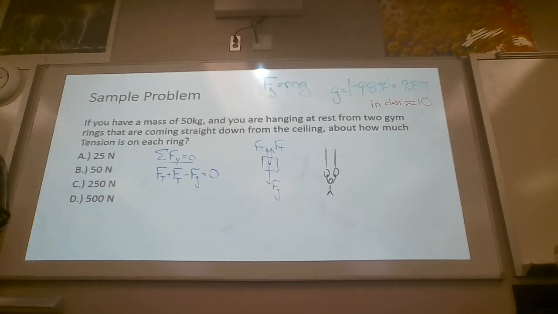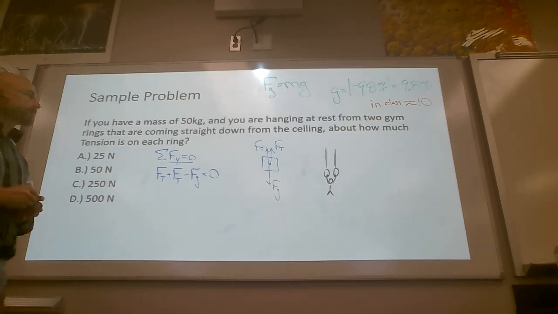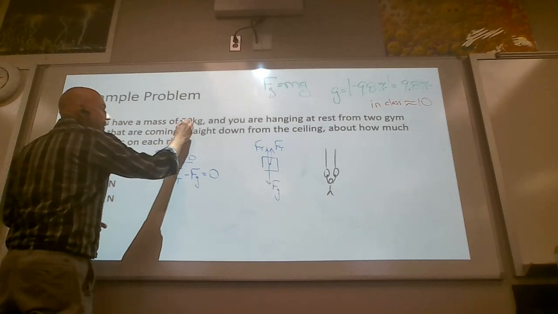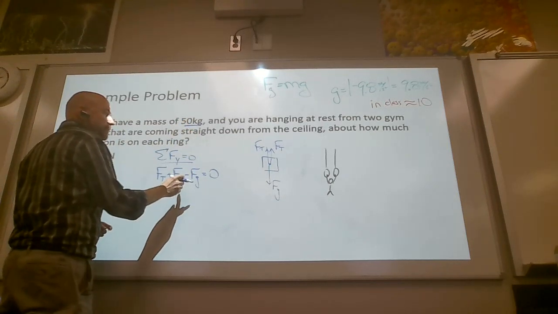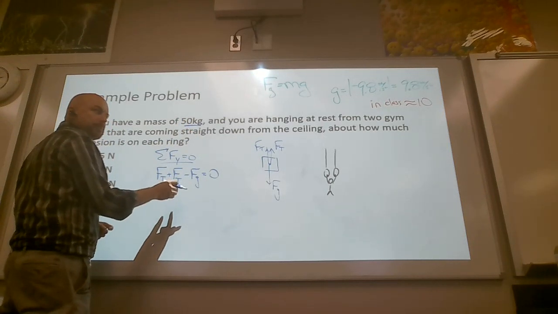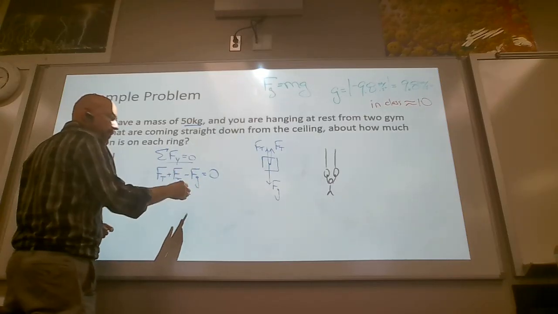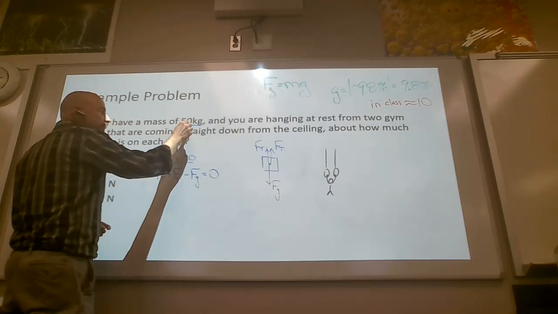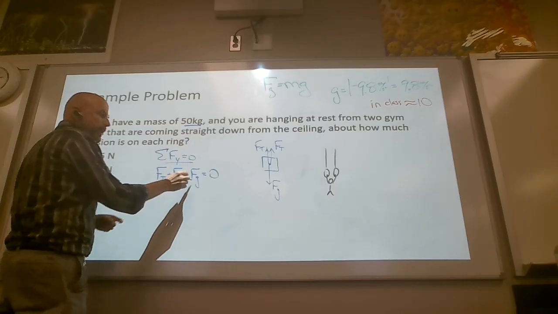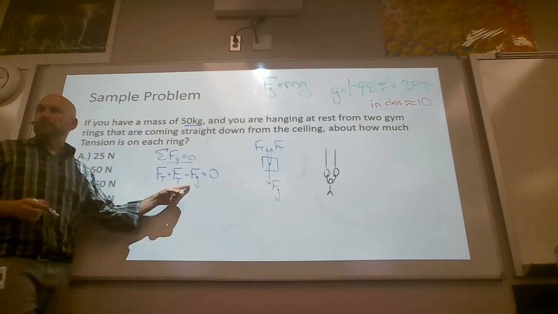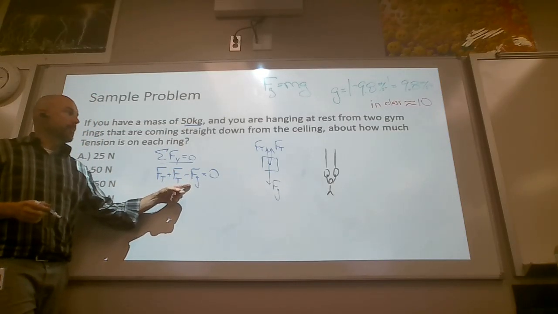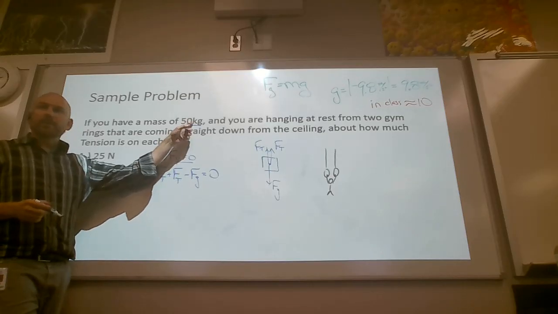There's your setup. That makes sense? Okay. Can I stick in 50? That's some of the force in the Y direction, just vertically. Can I stick in 50 into here? What is this?